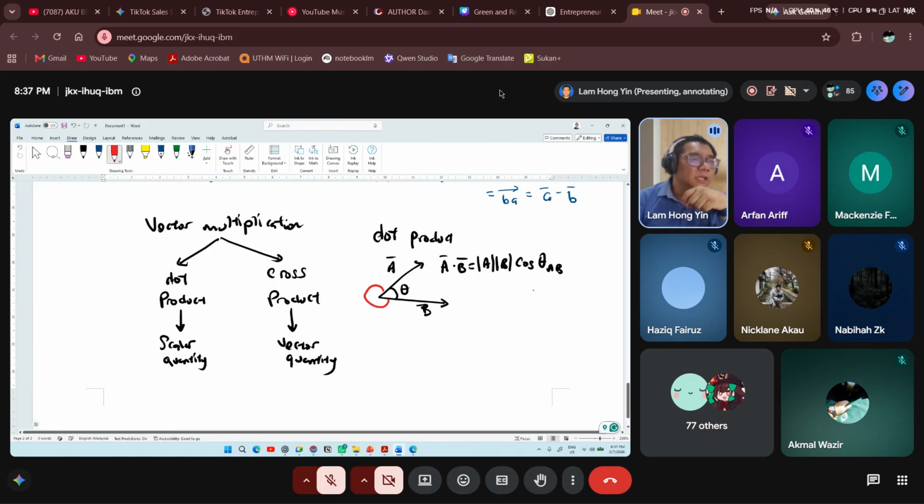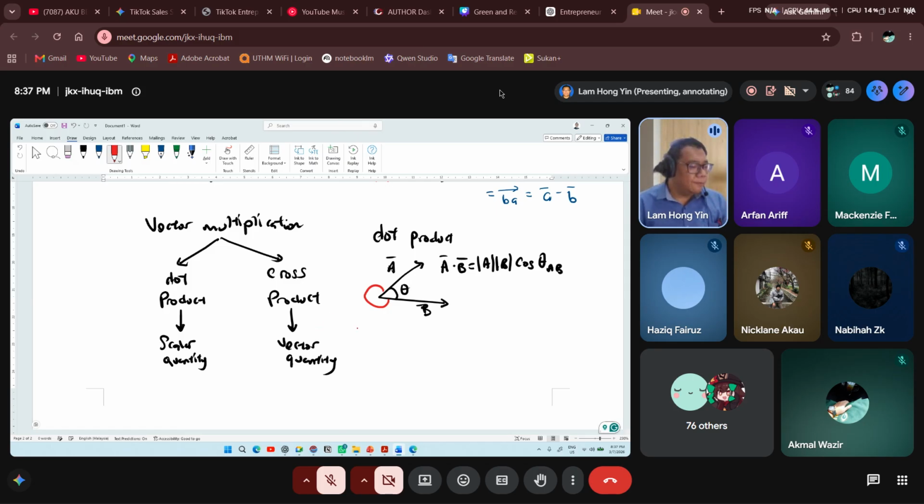But this formula refers to the acute angle, the smaller angle compared to the larger one. So theta is the difference between the two directions. If there is no difference, then theta will be equal to 0. Okay, so that is the dot product.